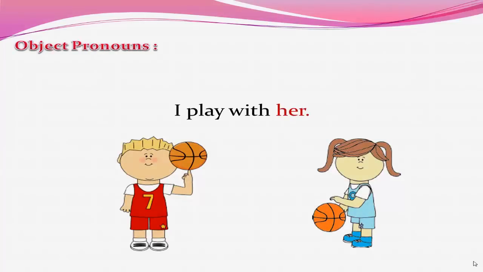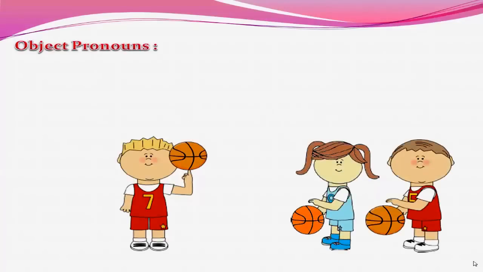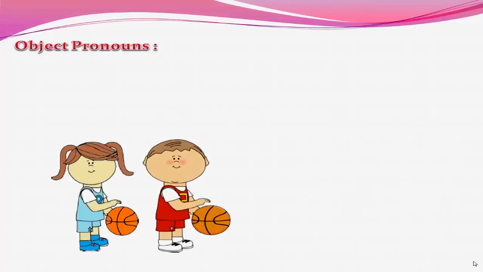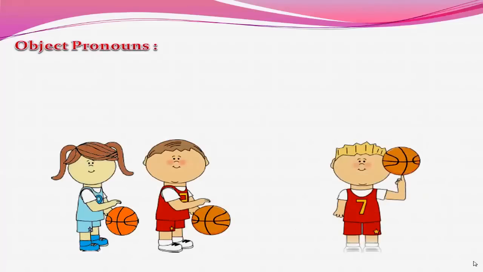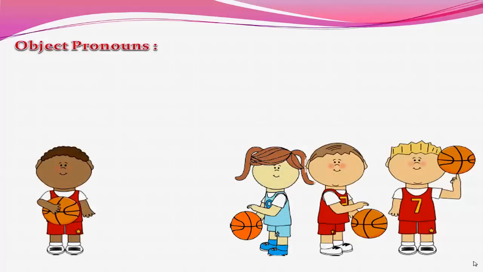Now, boy and girl, they, them. I play with them. Now, they play with me. Another example, this is me and my friends. We are playing basketball. A new guy wants to play with us, so he plays with us.